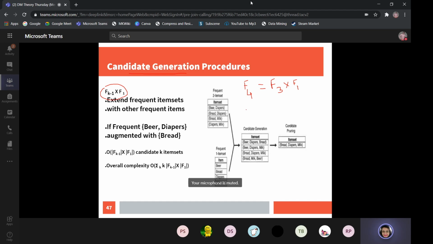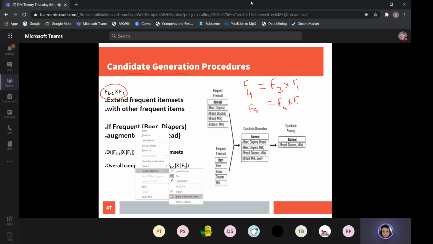Obviously they should be disjoint. So if you have F5, then you will combine a set of 4 with a set of 1. To generate candidates, this is one of the methods. Let's see how it works with an example.